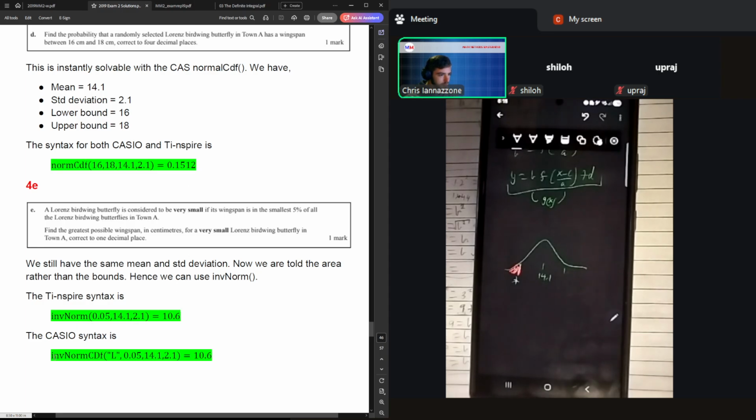Yeah, here. So if you're Casio, you want L and 0.05 on that one there. For TI Inspire, you have to be left, so make sure you definitely give the 0.05. But this would have also worked over here for Casio if you're choosing R and 0.95.